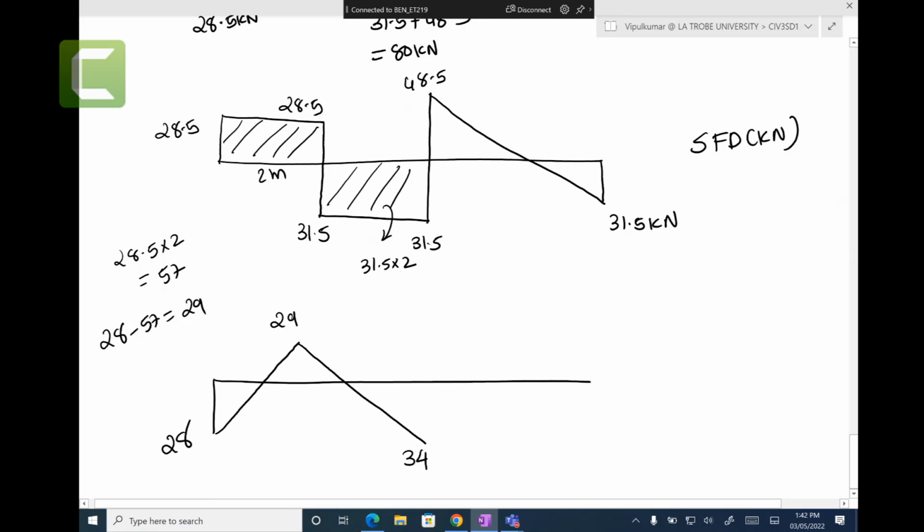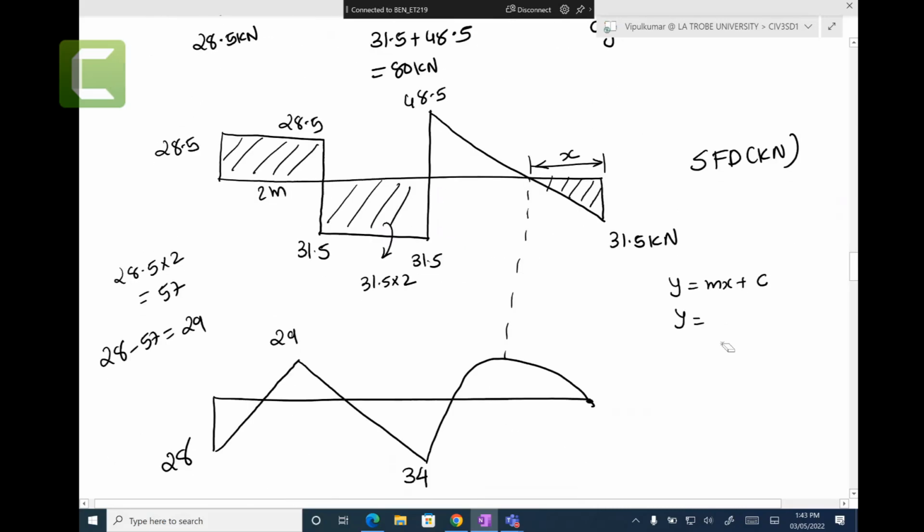And then from there, you can just have a parabola with the peak at the point where the shear is zero. If you want to know these values, you need to find this x distance. You can calculate with y equals mx plus c. So y is equal to 48.5 minus 20x.